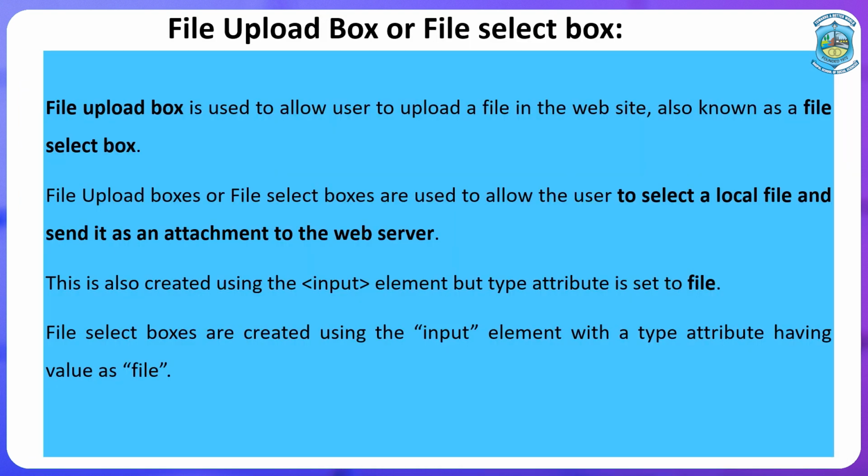So, the first control for today's lecture is the file upload box or file select box. A file upload box is used to allow the user to upload a file in the website, and this is also known as a file select box. File upload boxes are used to allow the user to select a local file and send it as an attachment to the web server.